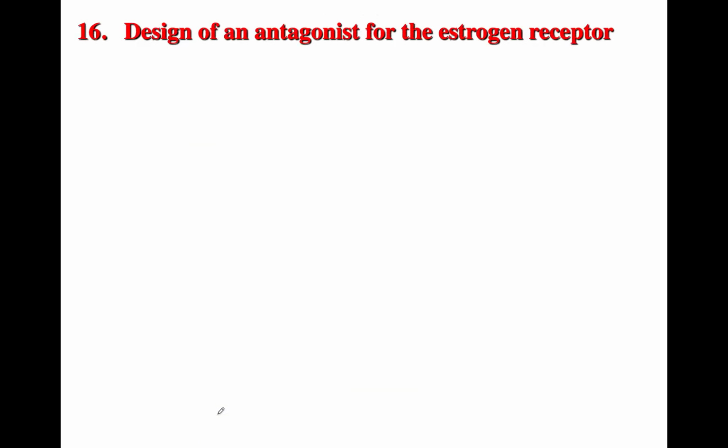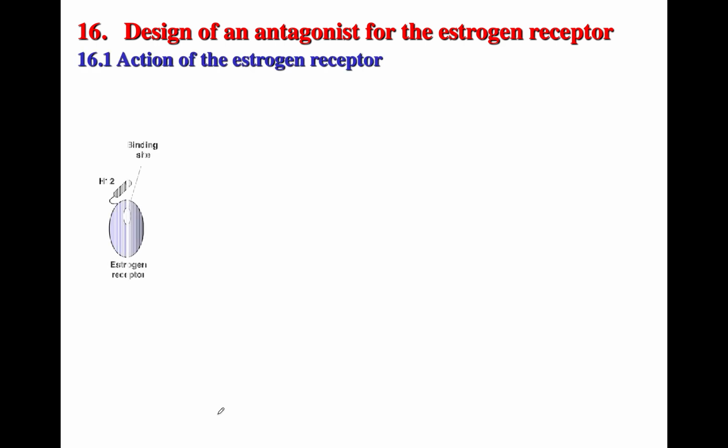All right, so I want to end this particular lecture here with the design of an antagonist for the estrogen receptor. If you remember how the estrogen receptor works, you have a binding site in the estrogen receptor that's going to bind to estradiol.